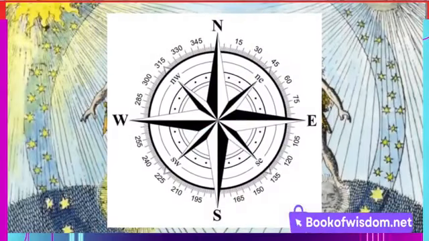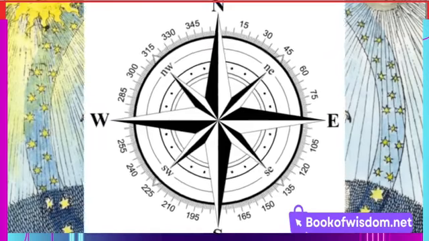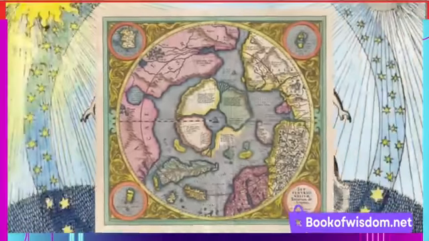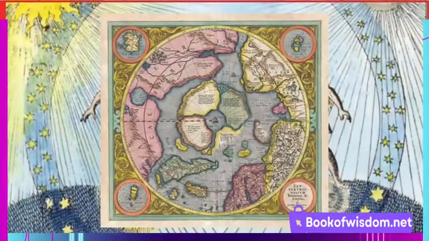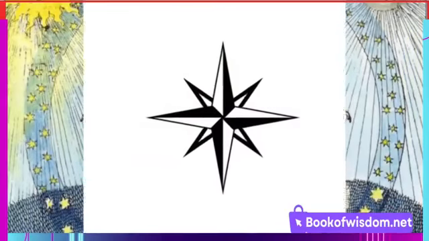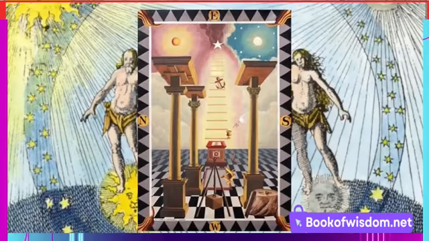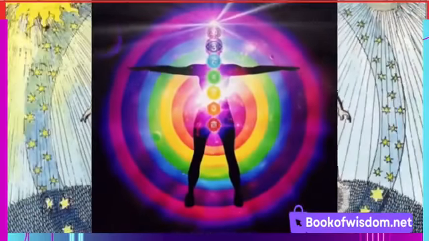Hence why a compass is an 8-pointed star, because it points you to Polaris, which is the North Pole, the center of this realm. The 8 points of the 8-pointed star symbolize the 8 points in space and time. So yes, Polaris is the portal which you ascend through if you outgrow this consciousness by aligning your chakras.